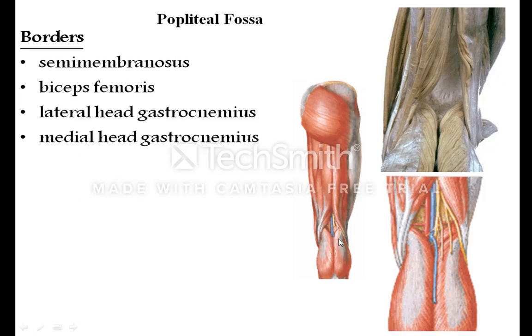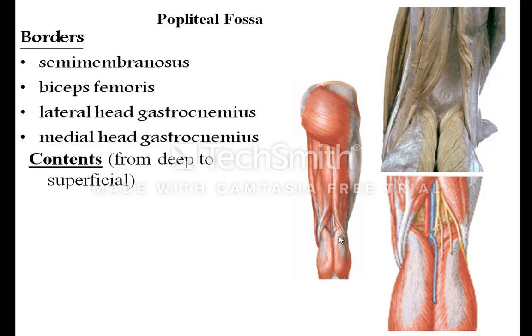Inferior medial and inferior lateral are made by the gastrocnemius heads, medial and lateral. Sometimes if plantaris is present, it will be here.